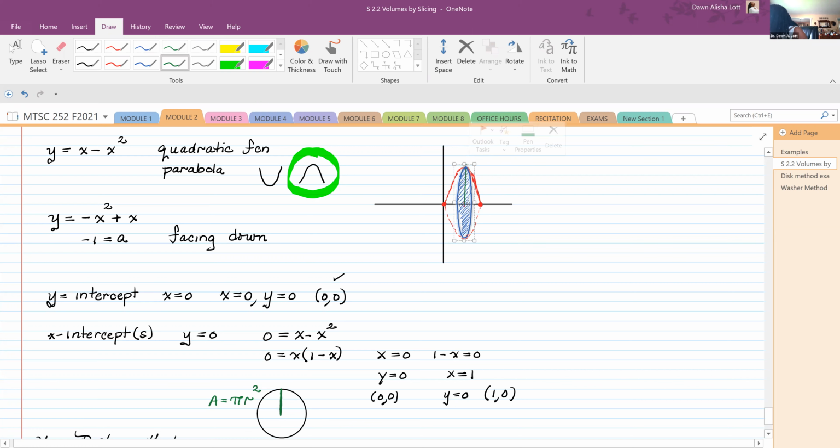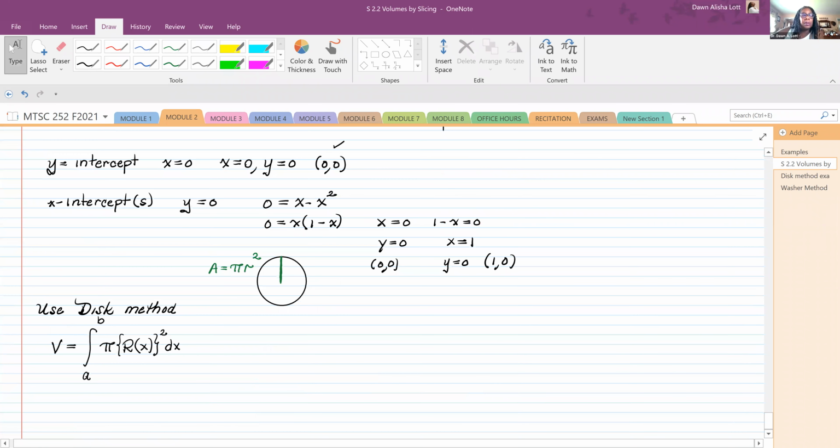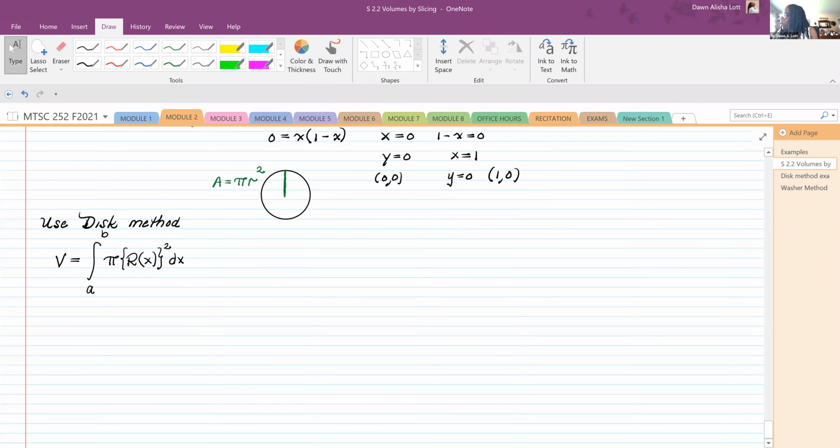So since the height is on this curve, the height at any x is always equal to x minus x squared. So that is my radius. So r of x is x minus x squared.